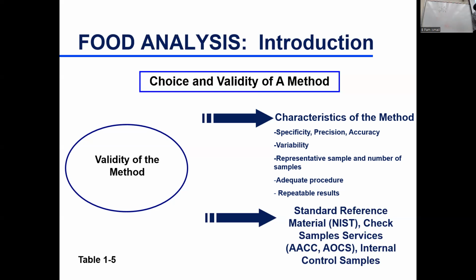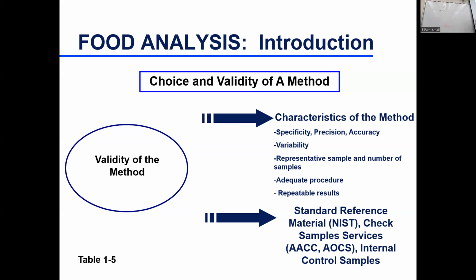They send you a sample. You run your new method, and then compare your results to the results that they give you using the previous methods. Or you can run the old method and the new method side by side on this standard reference and see how close your results are.